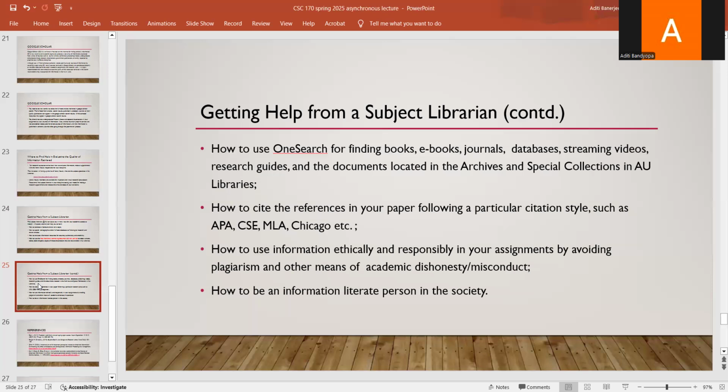You can learn from them how to use information ethically and responsibly in your assignments by avoiding plagiarism and other means of academic dishonesty and misconduct. Adelphi University library faculty help you be an information literate person in the society.